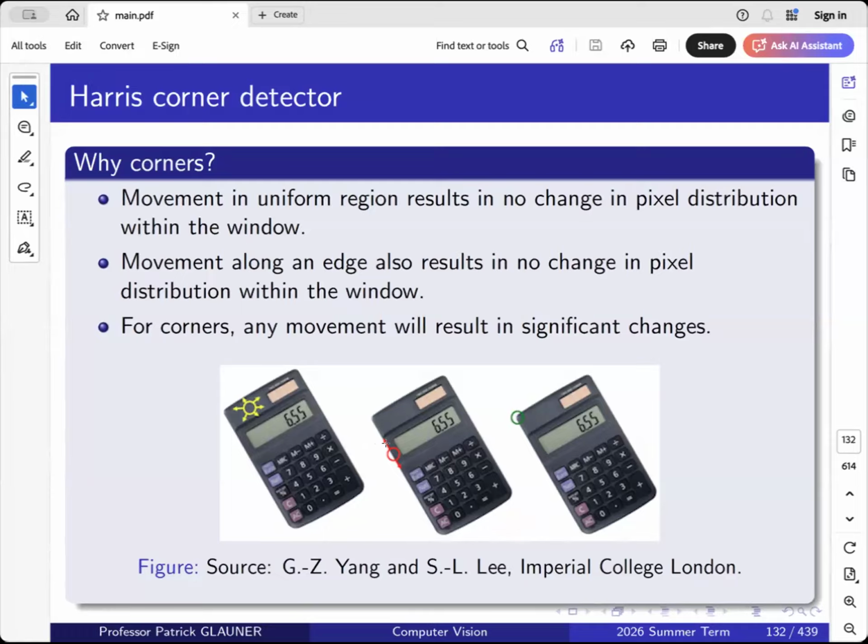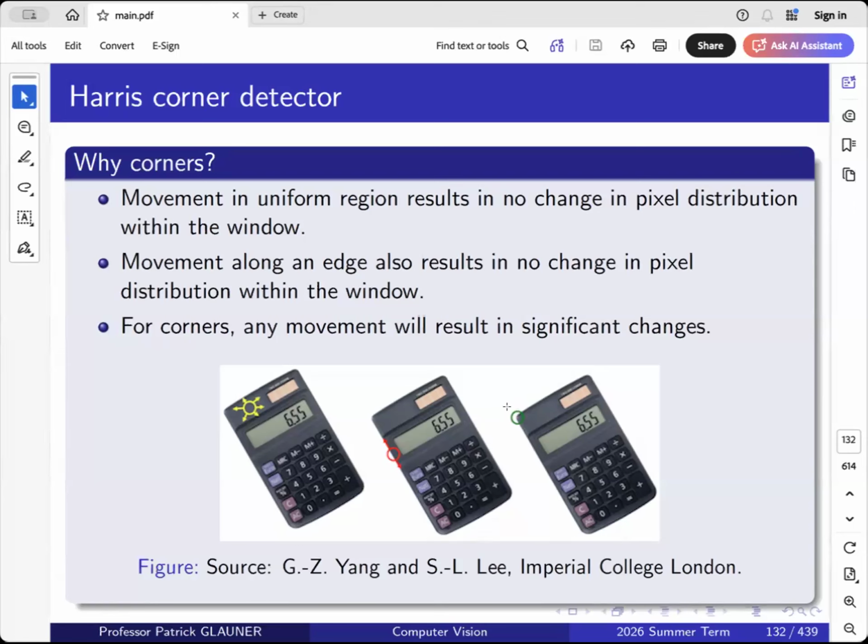If I move along a straight line, I will only get a big change of intensity if I move orthogonal to the straight line. So this is my straight line. If I move along the straight line, the change of intensity will be minor. Only if I move left or right, maybe then I may get a bigger change of intensity.